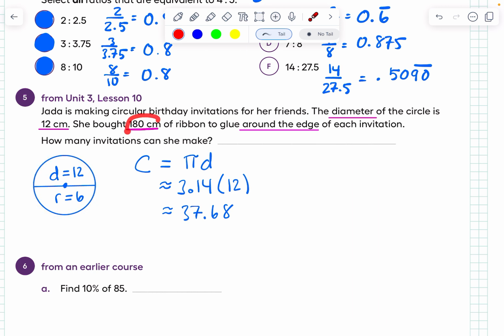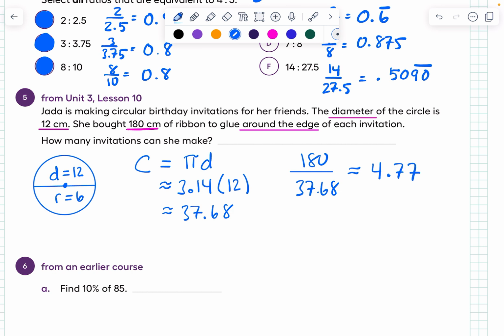So there's 180 centimeters of ribbon. What we should do is take 180 divided by 37.68. 180 divided by 37.68 is 4.77.